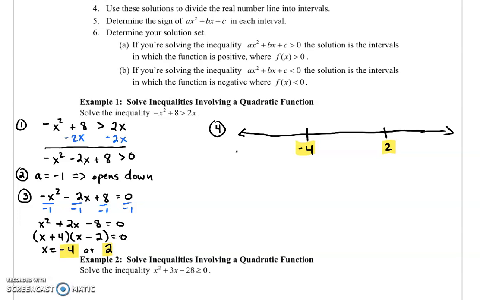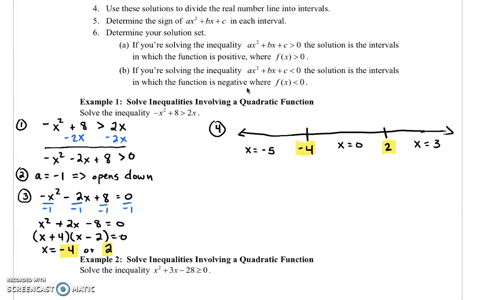For the leftmost interval, anything smaller than negative 4 works, but let's pick x is negative 5. For the next interval, we can pick anything between negative 4 and positive 2. I'm going with 0 because that's going to make our life easier. And for the third one, we need anything bigger than positive 2, so let's pick x equals 3.